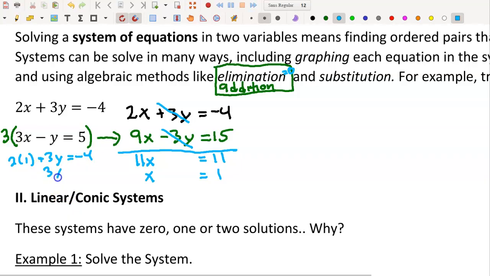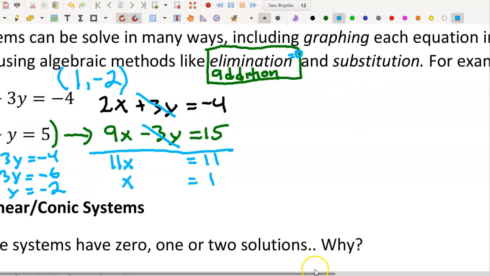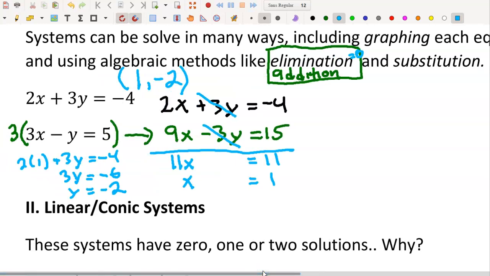So that'd be 3 times what equals negative 6, and y will end up being negative 2. So our solution would be 1 comma negative 2 for that. All right. So hopefully that looks familiar. Again, it's called the addition method.